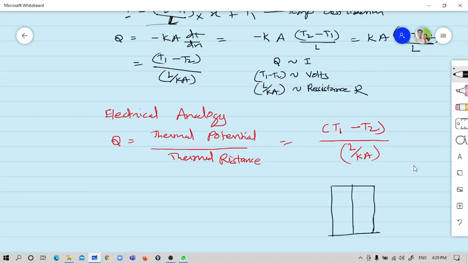So these are the different slabs. Okay, so again it will be something like this. So let us assume this is slab 1, this is slab 2. Then resistance of the first slab is R1, for the second slab it is R2. Okay, call this R1 and call this R2.